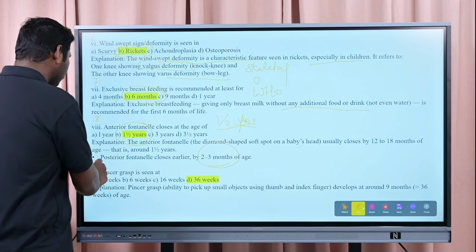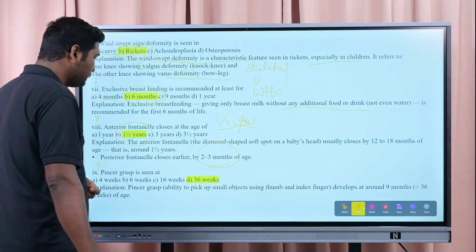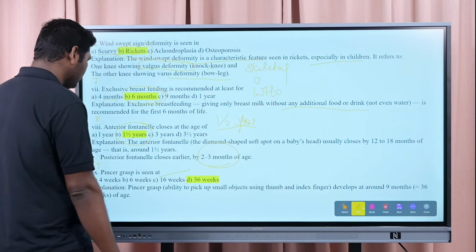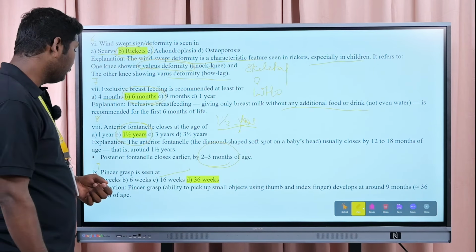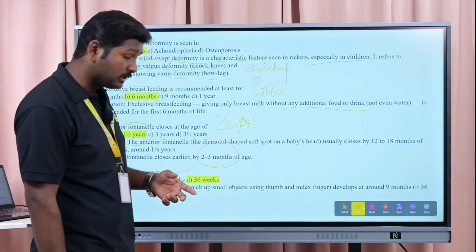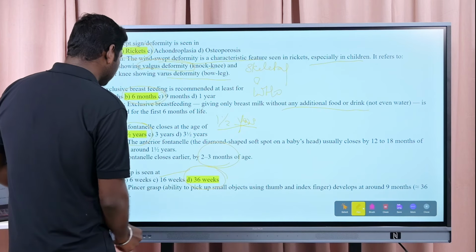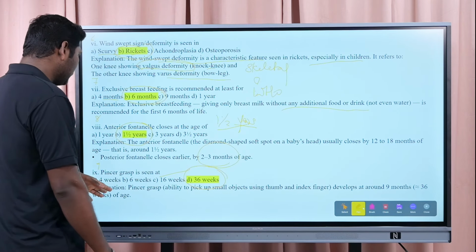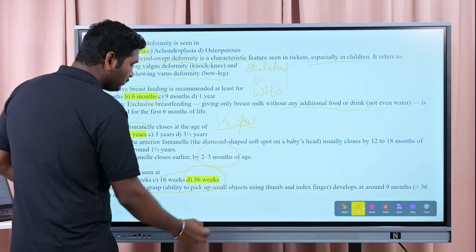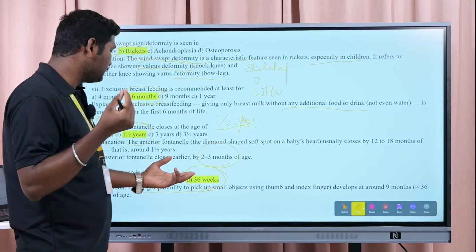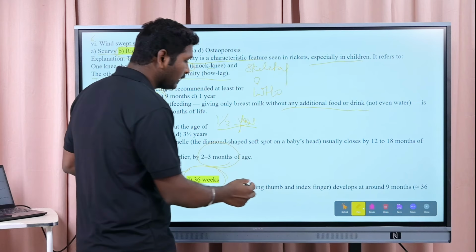Next, 9th question. Pincer grasp is seen at which weeks? A 4 weeks, B 6 weeks, C 16, and D 36. So what is the answer? 36 weeks. The explanation is that pincer grasp is the ability to pick up small objects using the thumb and index finger.